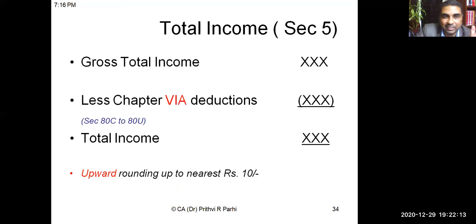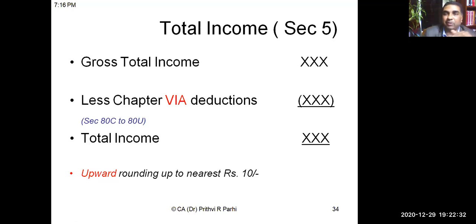How to find out total income? Gross total income minus Chapter 6A deductions, I'll be getting total income. There is a long list of Chapter 6A deductions. Sections 80C to 80U cover all these deductions.